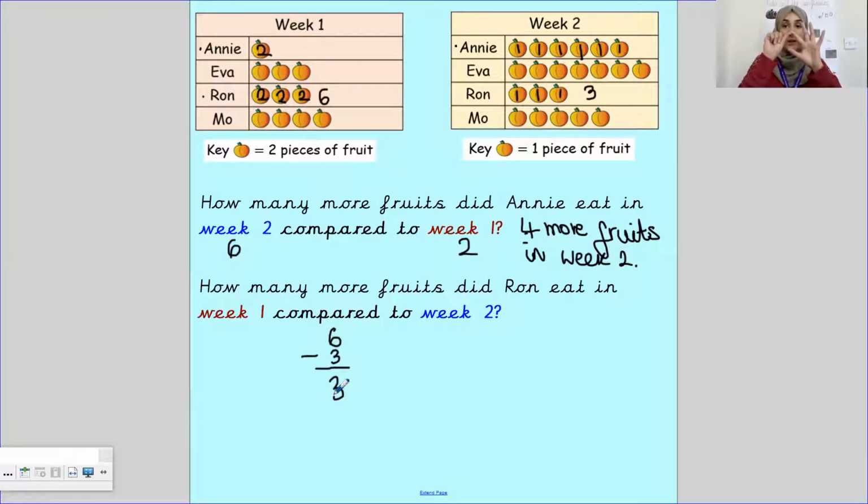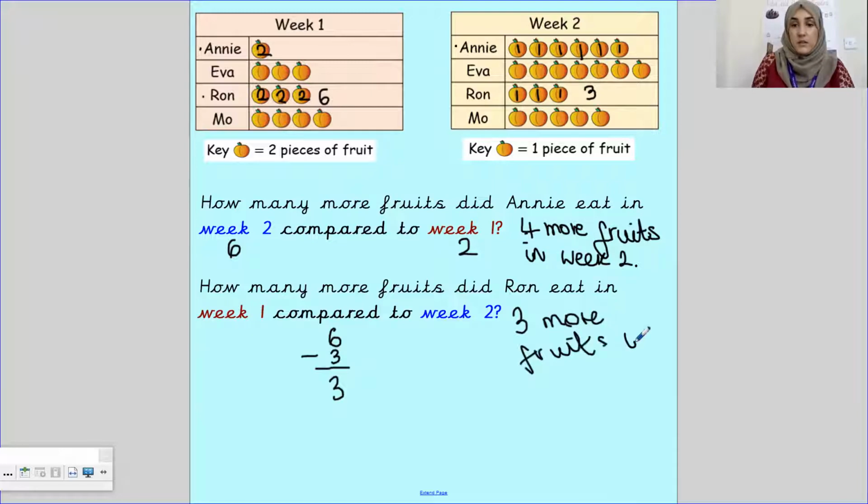That's 1, 2, 3. 3 more to get up to 6. So double 3 is 6. So he had 3 more fruits in week 1, because in week 1 he had 6 and in week 2 he only had 3.